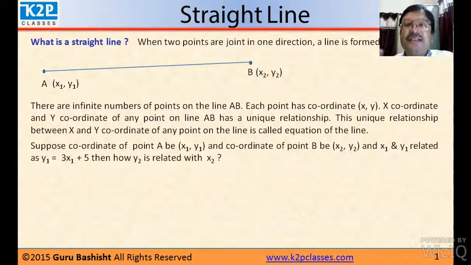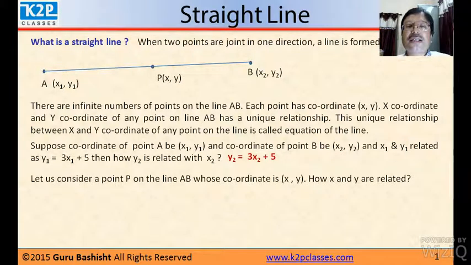As x1 and y1 are related, similarly x2 and y2 will be related, because every point on the line will satisfy the same equation. So y2 equal to 3x2 plus 5.